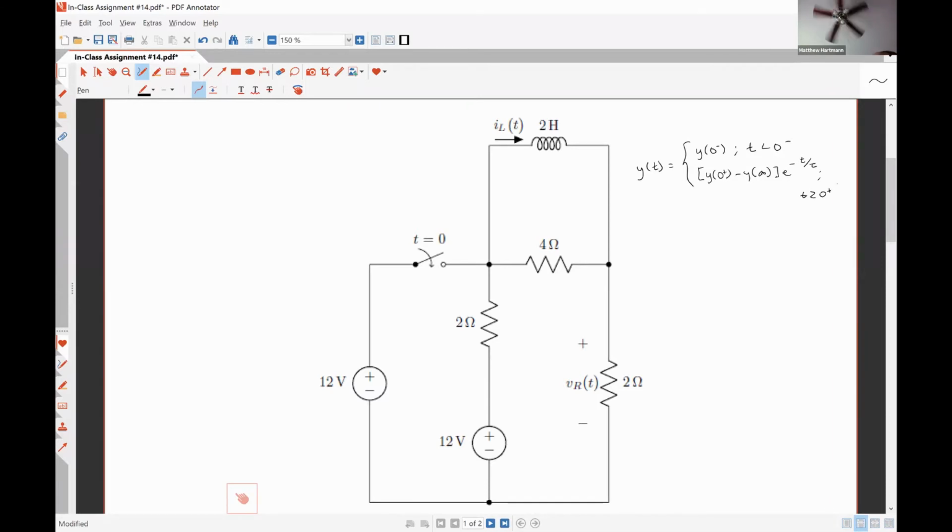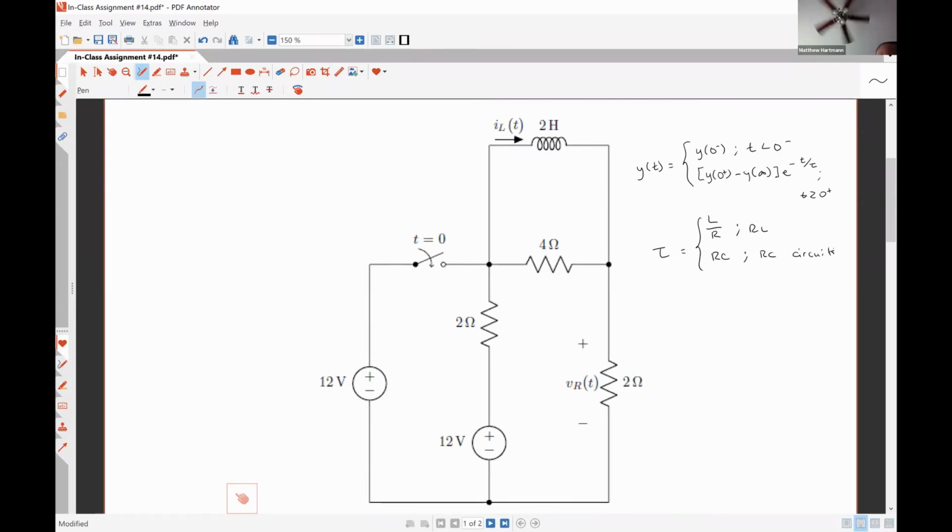The reasons why we have to modify our expression are all covered in the lecture material. Effectively, it's just to make sure everything stays continuous when that's applicable. And tau is our time constant, which is L over R for RL circuits, and R multiplied by C for RC circuits.